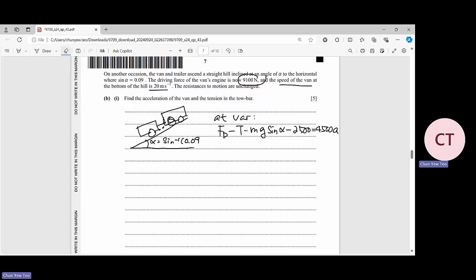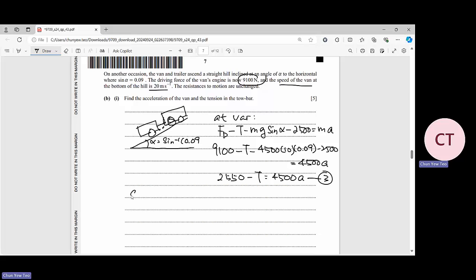Maybe we write ma first. So your driving force is given as 9,100 minus T minus 4,500 times 10 times 0.09, minus 2,500, is equal to 4,500a. Simplify it. You will get 2,550 minus T equals 4,500a. That is your equation number 3.